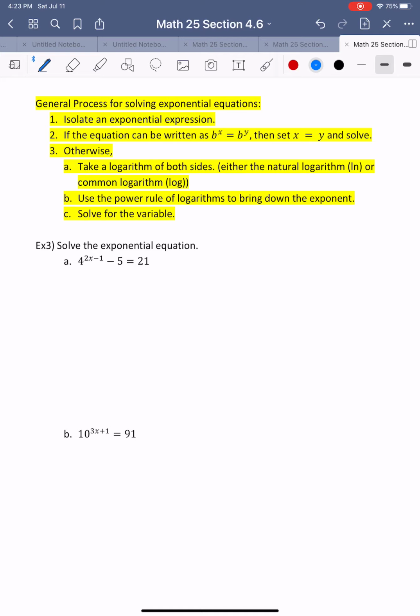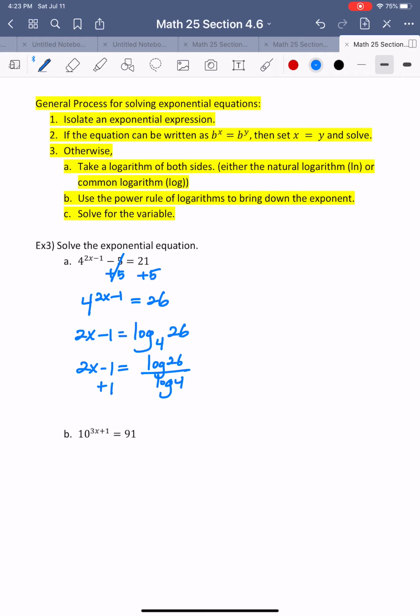Alright, so solve for x. Add 5 on both sides. So 4 to the 2x minus 1 equals 26. We have a different base this time, so we're just solving for the exponent. 2x minus 1 is the log base 4 of 26, which you can change to log of 26 over log of 4. Then add 1 on both sides, and you get 2x equals 1 plus log of 26 over log of 4.